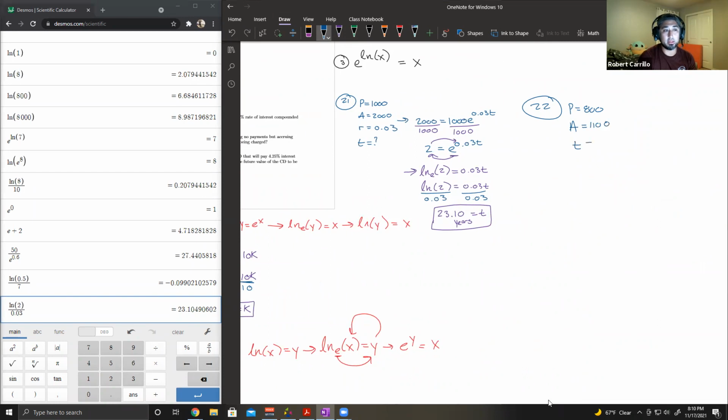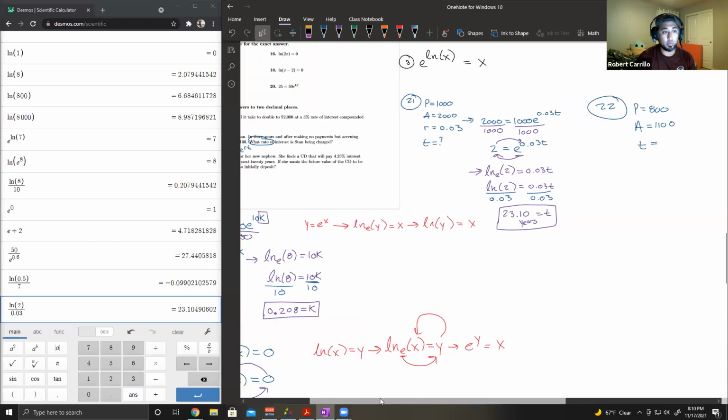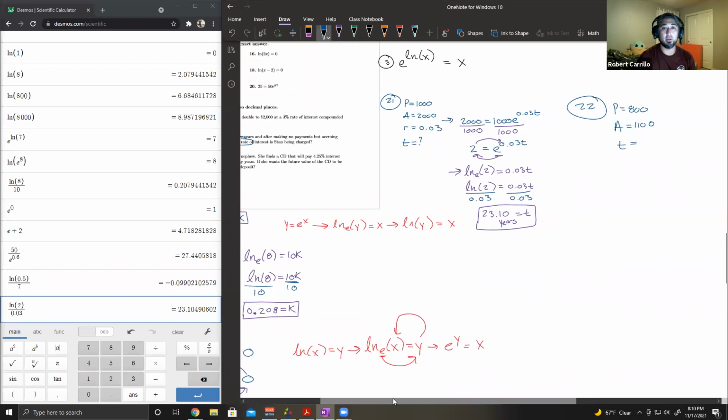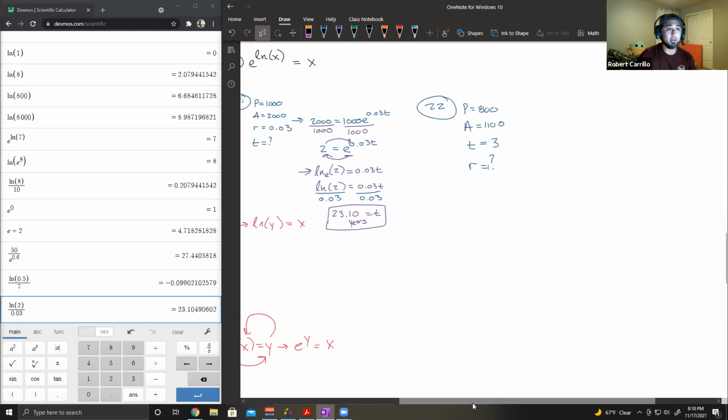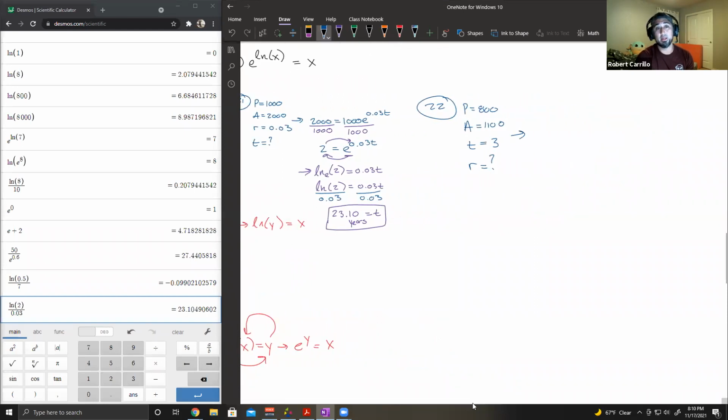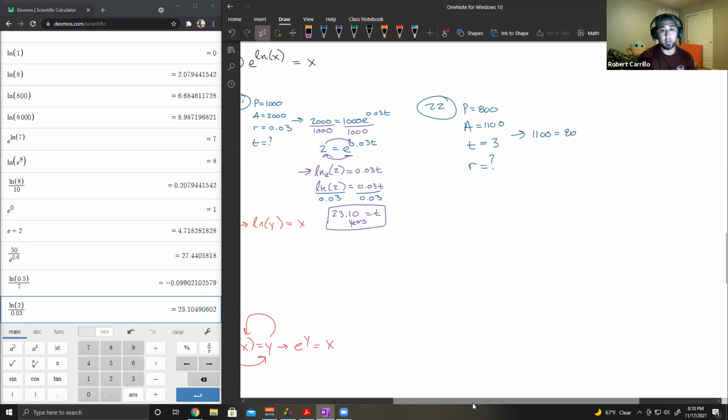And he took this loan out for 3 years. And we are looking for the rate. Okay. So again, we are going to use PERT. We're going to solve for R this time. So we plug in what we know. That is 1,100 equal to 800 times E to the R times T.